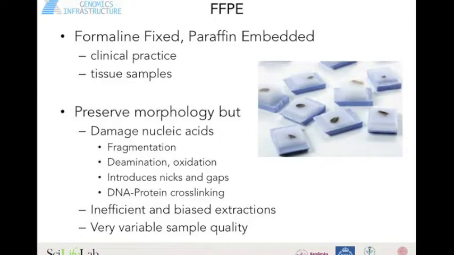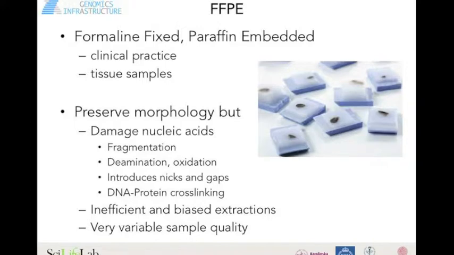And FFPE is one such sample where we have a large benefit of being able to have good protocols to analyze these. Pavel already spoke about these points, but this is a very established clinical practice and there are loads of samples available. It's great at preserving morphology, but it's not great at preserving nucleic acids.